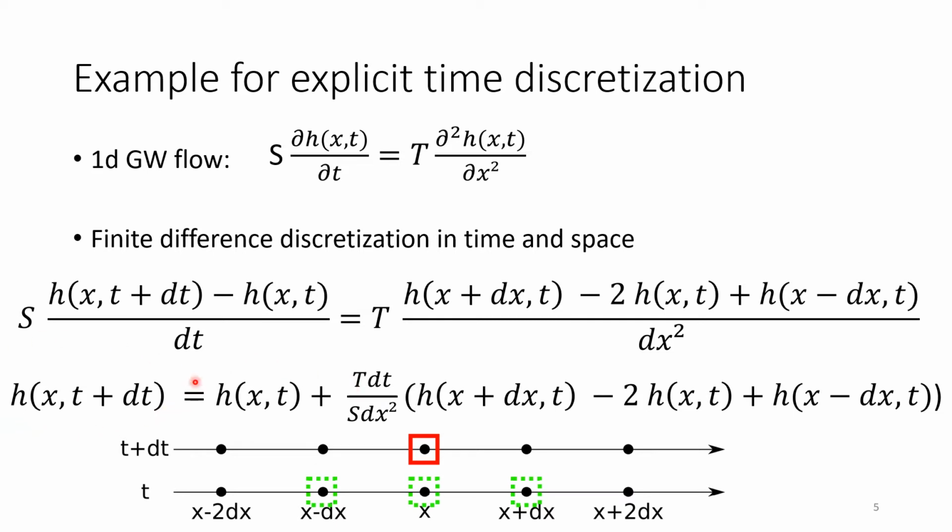And then I get an expression on the left hand side. This is my unknown. And everything that's written on the right hand side is known because it's all at my current time step t. So all of this is known, and I only have one unknown.